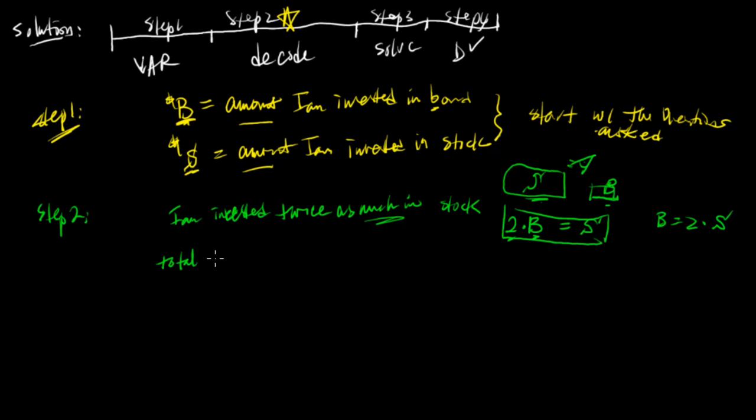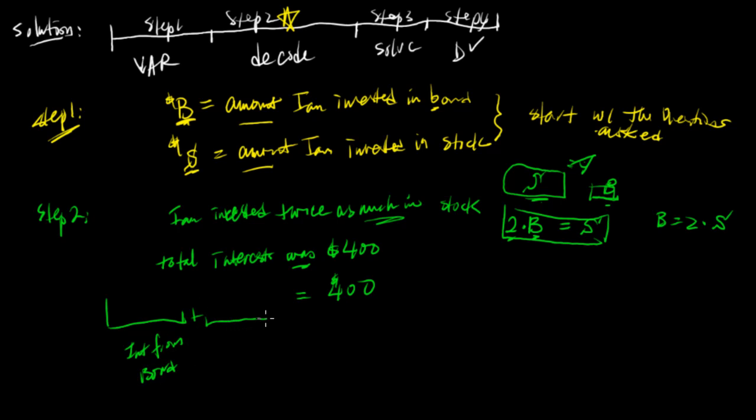Second equation: total interest was $400. Now this one is a little coded in there, but it's not too bad. Was, of course, is equal to $400. What we need to do is the interest from bond plus the interest that we earn from stock.